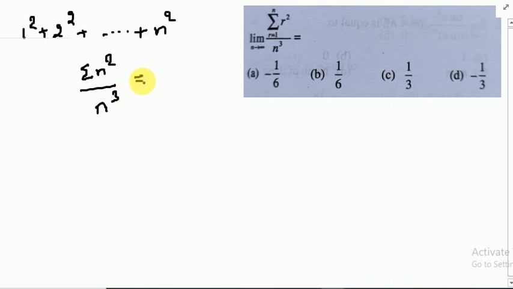Therefore immediately you can write the answer. Since this numerator degree is 2 and denominator degree is 3, the difference is 1, therefore the answer will be 1 divided by 3. The answer is 1 by 3.